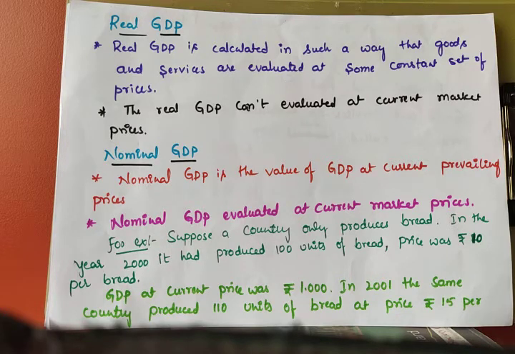So in this situation, to calculate national income, there are many measures. What are the measures? One is real GDP, another is nominal GDP. Why? If prices change during a year or during a period of time, it is very difficult to calculate the GDP.